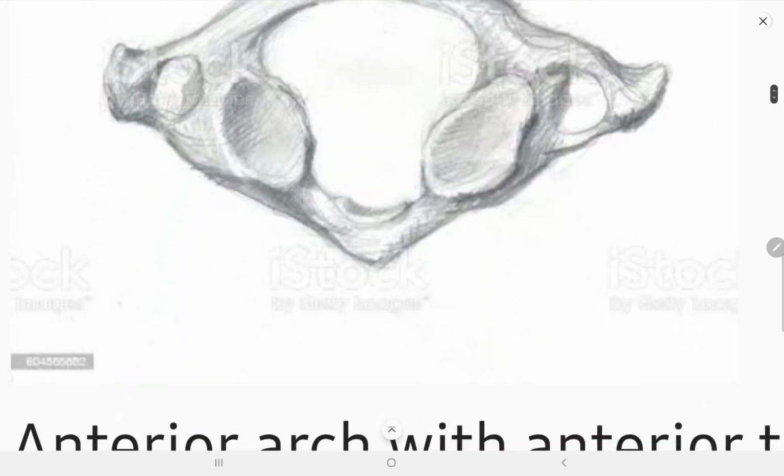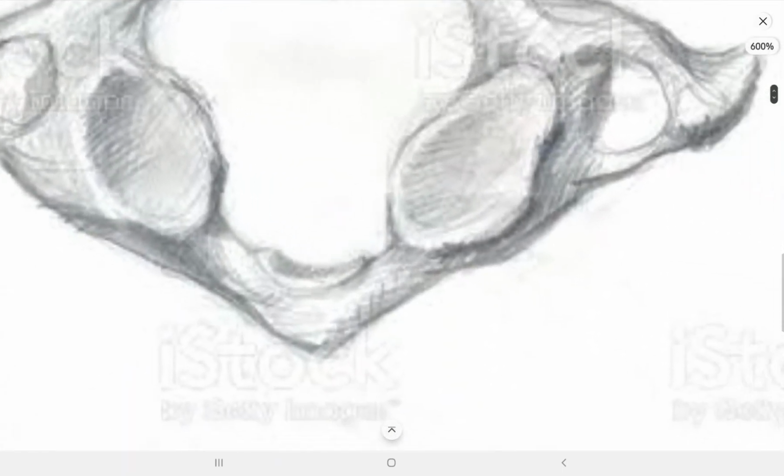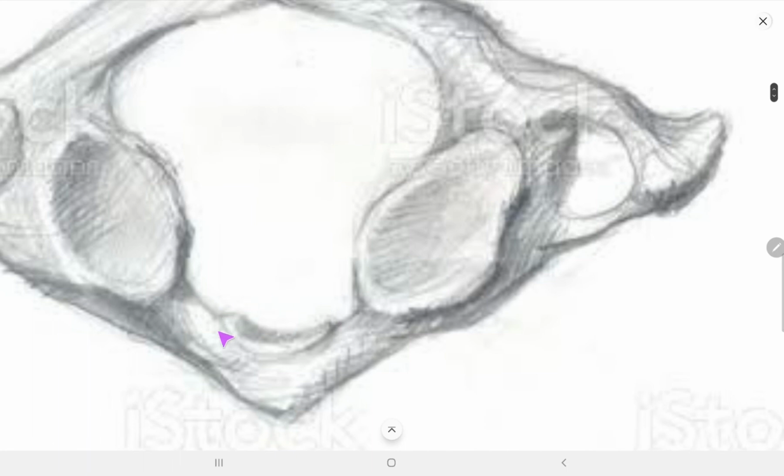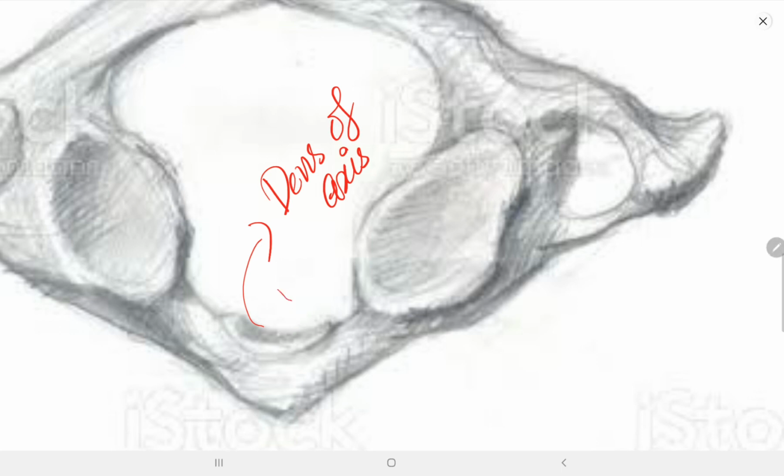Here on the anterior surface of atlas, we can see a facet over the arch, behind the arch. This facet is for the dens of axis, in which the axis is attached to the posterior part of the anterior arch of atlas.